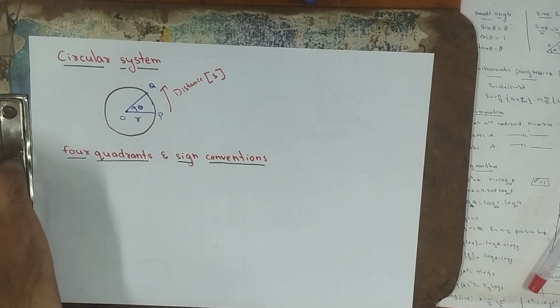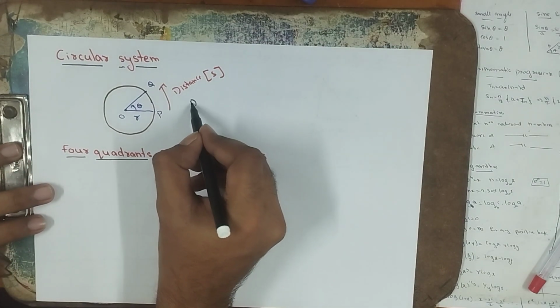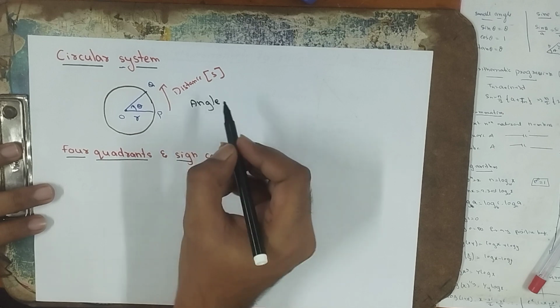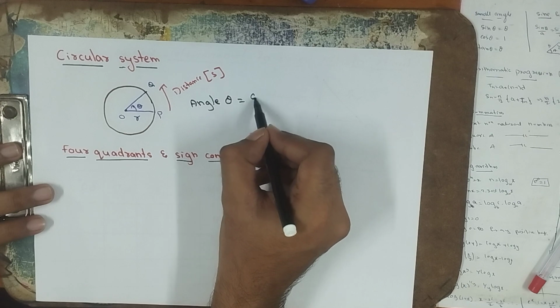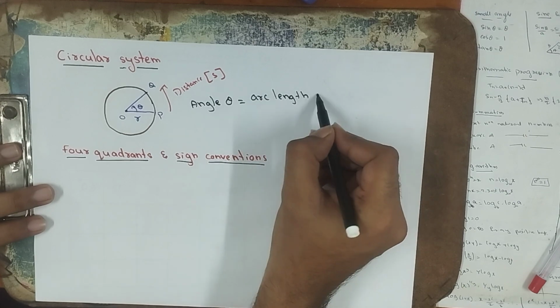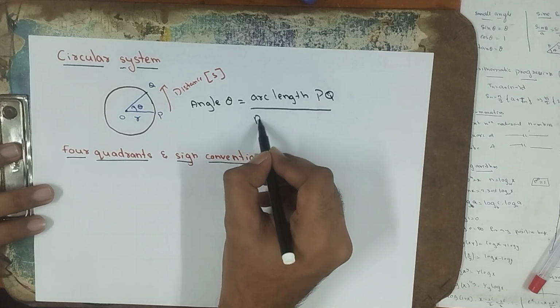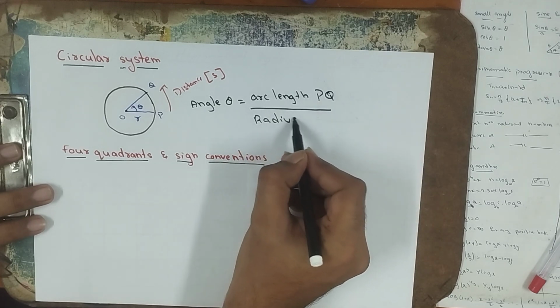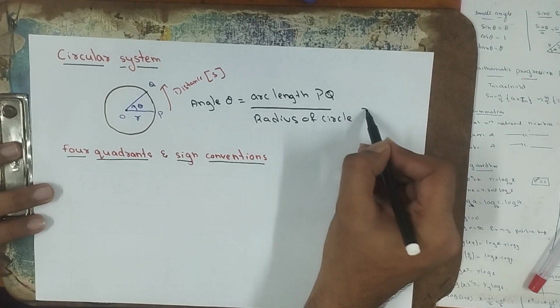Very simple. Angle theta is equal to arc length PQ divided by the radius of the circle.